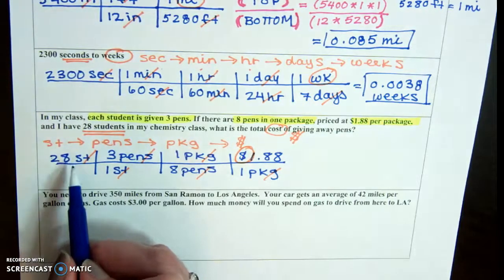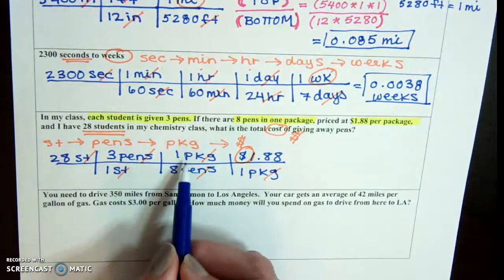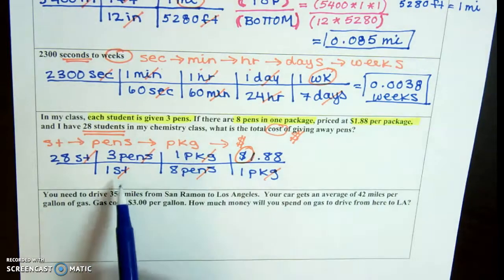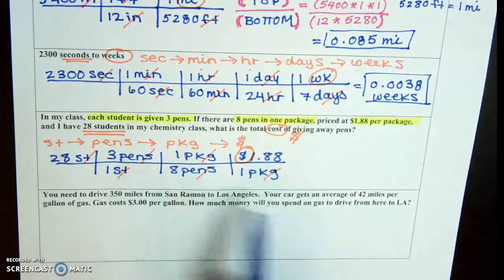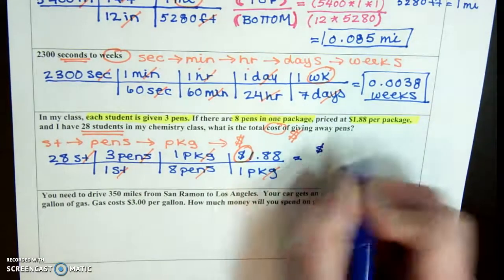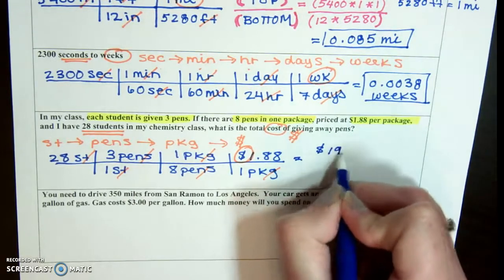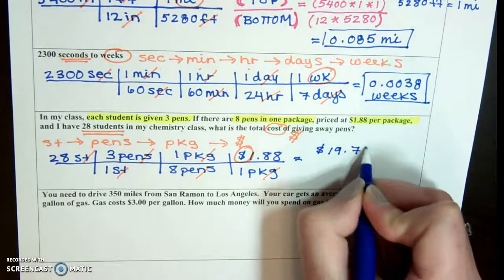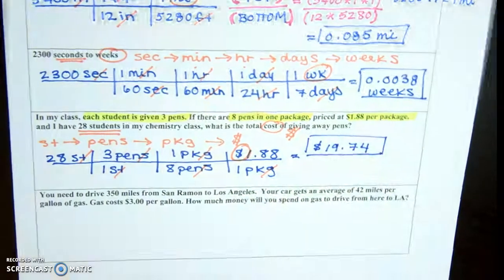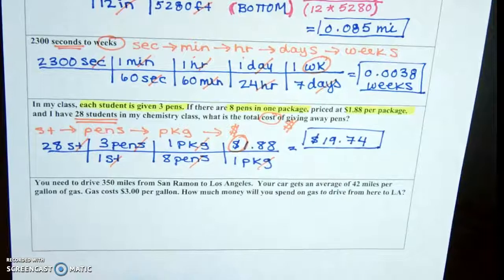So 28 times 3 times 1 times 1.88, and I'm going to divide that by 1, divide it by 8, and divide it by 1 again. If I do that in my calculator correctly with my parentheses correct, I'll get that it's $19.74.